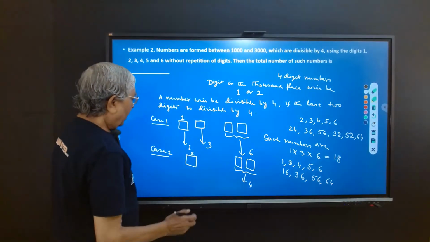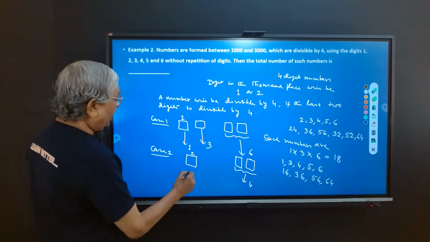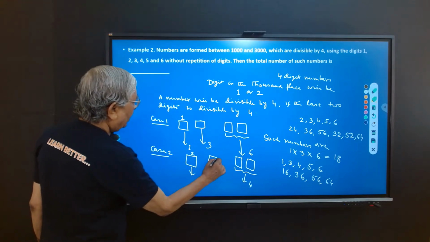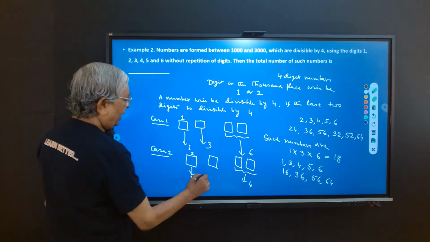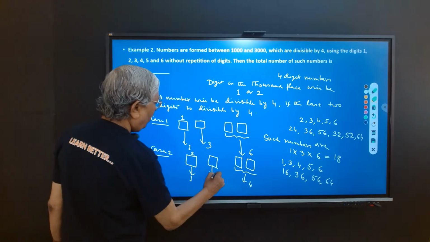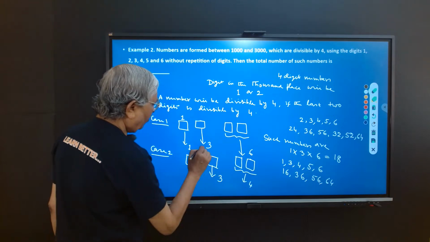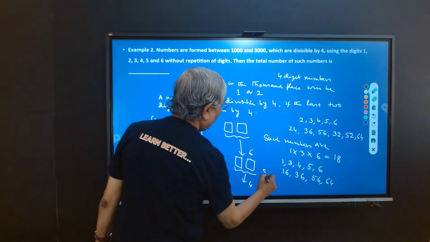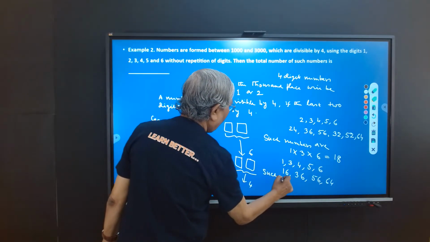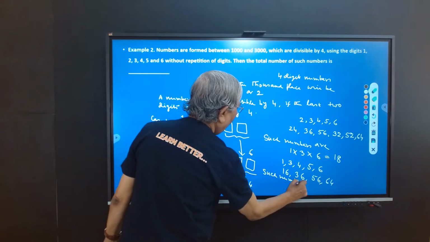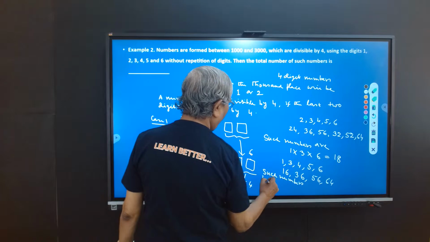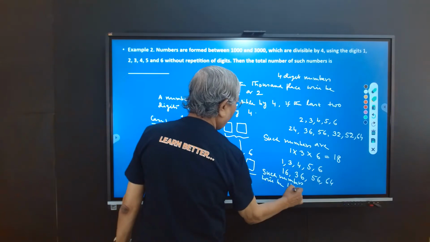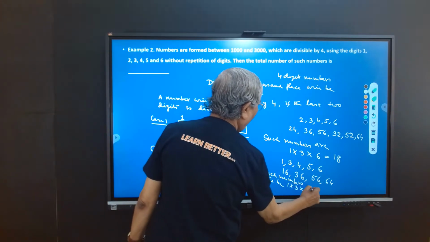Now here the remaining digit is 3. One digit is placed in the thousand place, and the remaining digits are placed in the hundred place. So such numbers will be 1 into 3 into 4, that is 12.